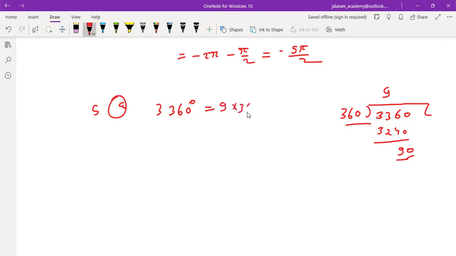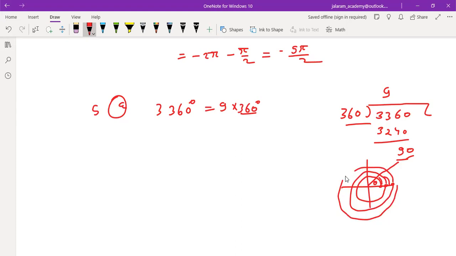First we write 9 into 360 degree. We know that 360 degree is equal to 0 degree. If we complete the round, we come back to the same point. So 0 degree, 360 degree, then 720 degree are also at the same point. That's why theta, 360 degree plus theta, 720 degree plus theta, 1080 degree plus theta are all coterminous angles, the equal angles, we can say.